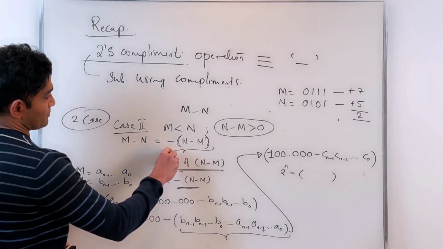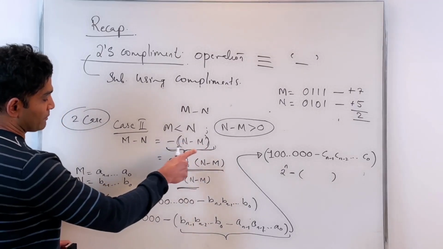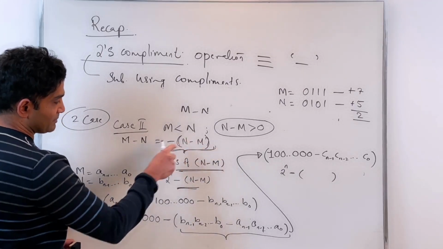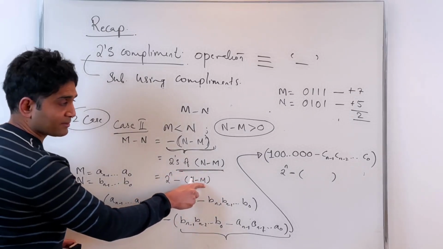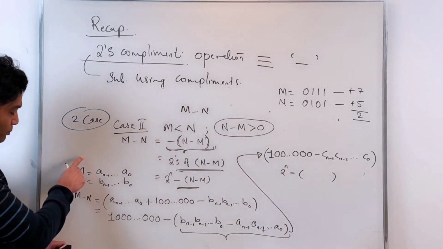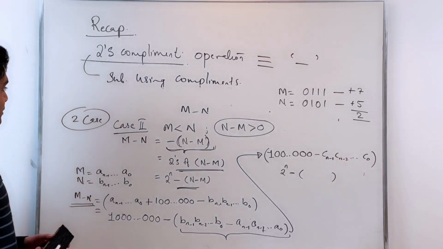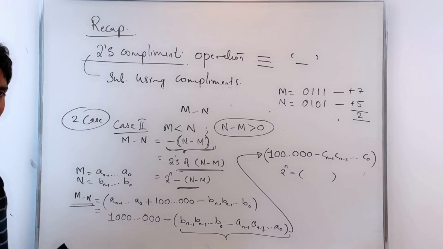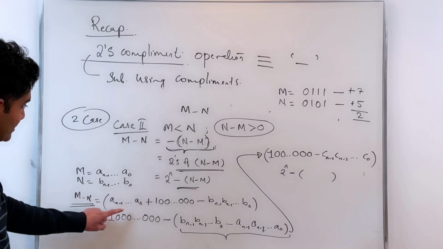If I want to express this in the 2's complement approach, I would take the 2's complement of n minus m, right? Which is 2 to the n minus n minus m. And when I do the subtraction operation with the 2's complement approach, that's m plus the 2's complement of n.